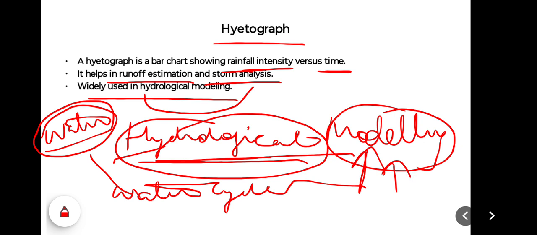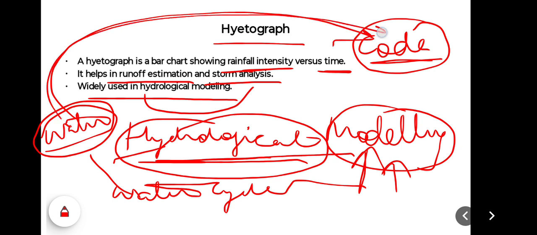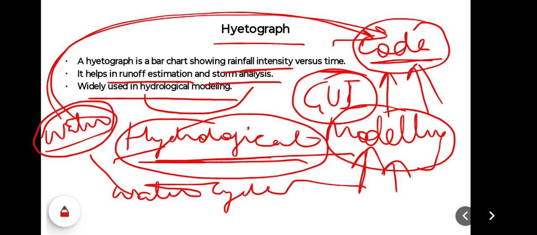They prepare a proper computer code in which they enter how the equation will work, what factors affect the hydrology, and everything. They also create a GUI, a graphical user interface, where any person can learn this and give input data to do hydrological modeling.